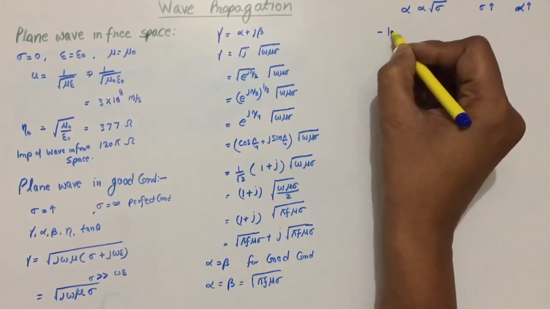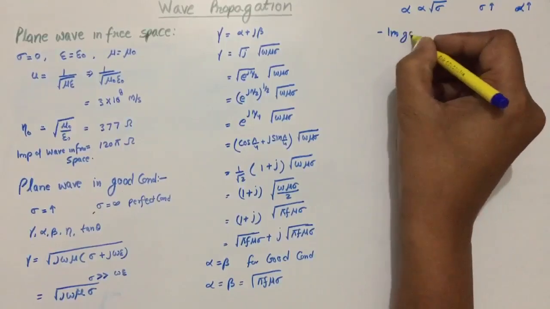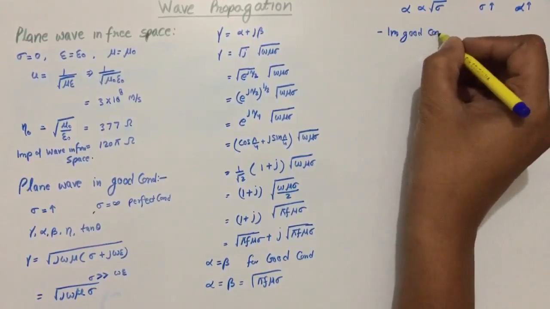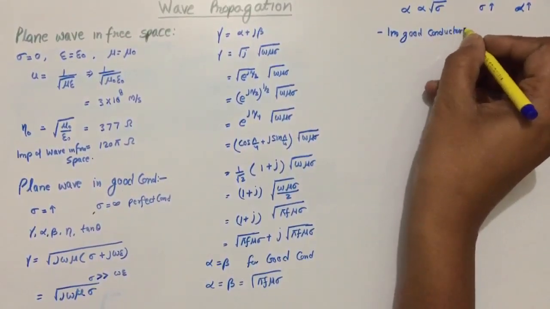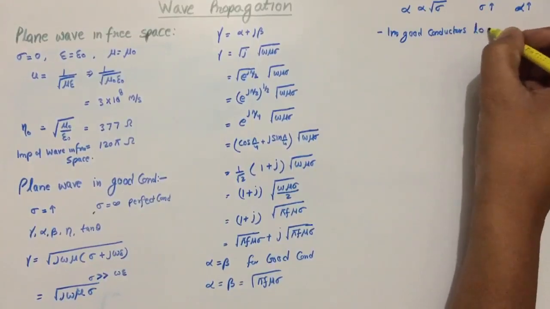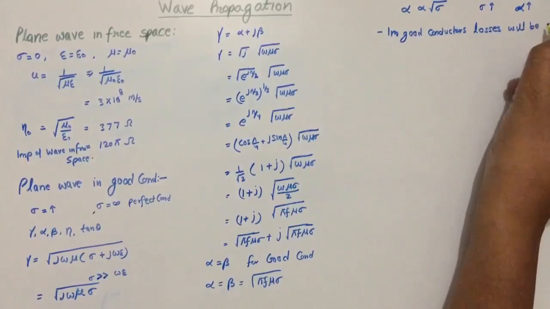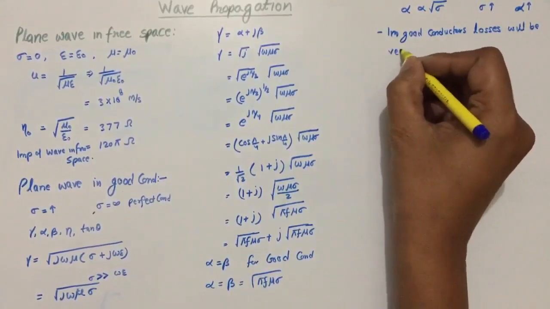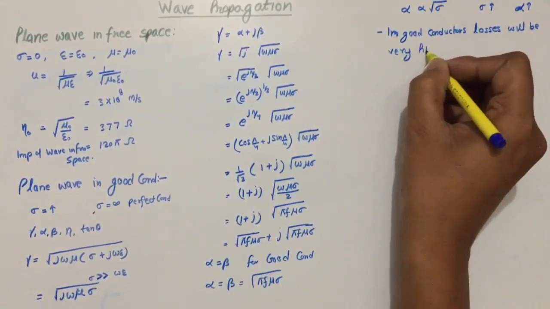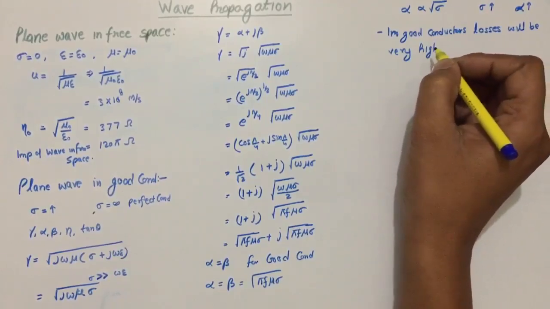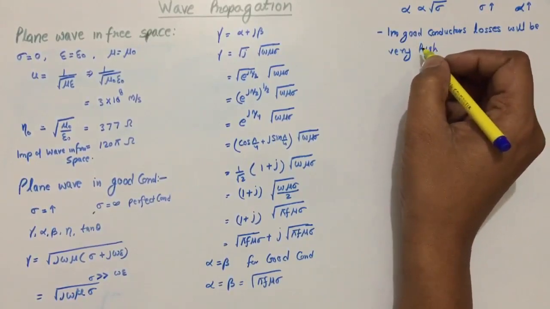In good conductors, losses will be very high for the wave that is propagating in that.